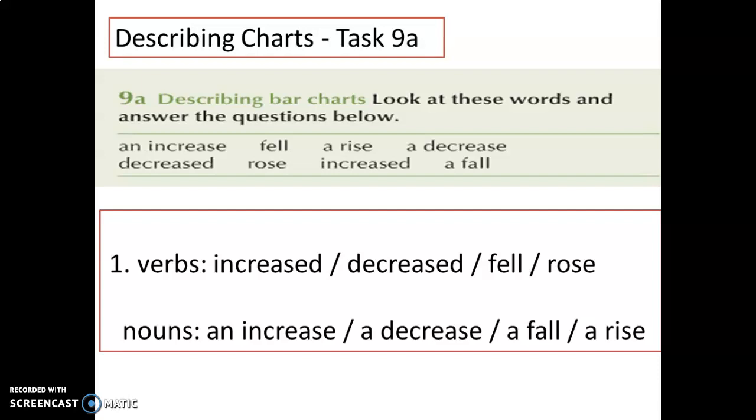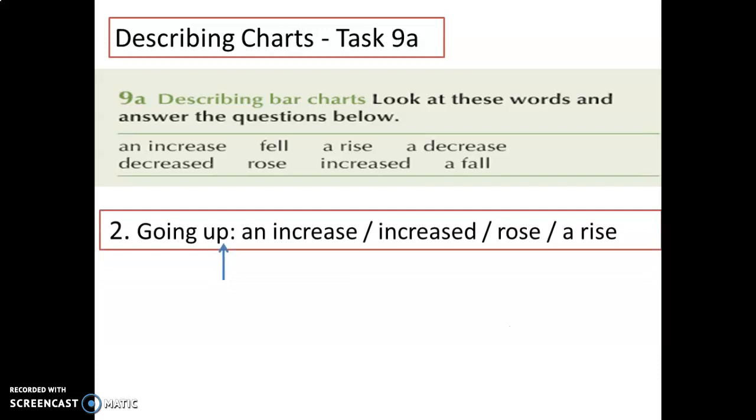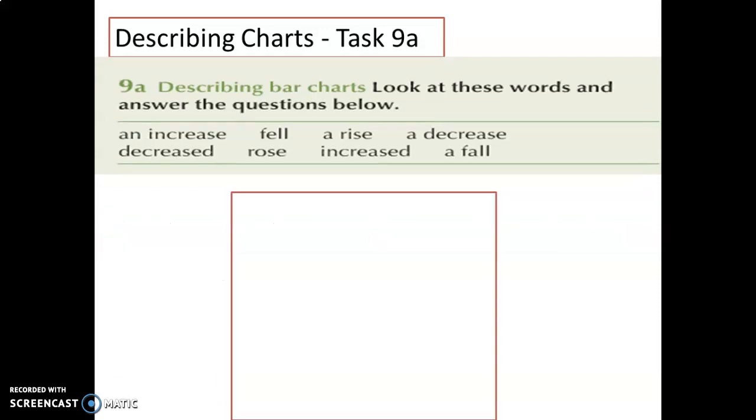If we look at which ones go up and down, these show us a trend that goes up, and these ones show us the trends that go down. And as the third question, we need some synonyms.